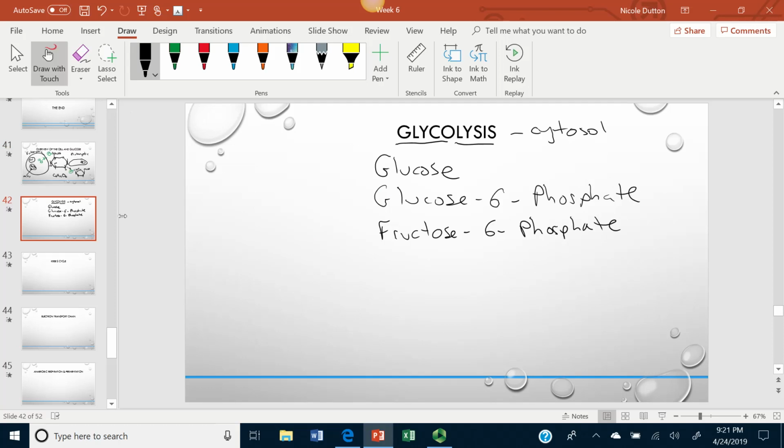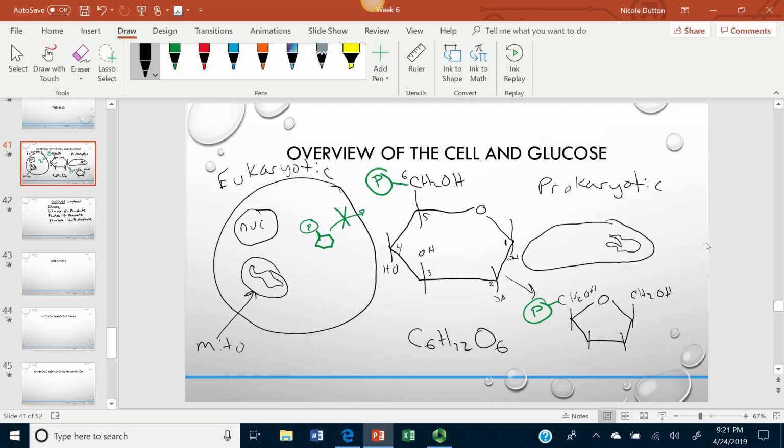The very next step here, fructose 6-phosphate, we go to fructose 1,6-bisphosphate. Sometimes it's called biphosphate or diphosphate, same thing. Because we number our carbons 1, 2, 3, 4, 5, 6, the first carbon position now is this one because we've rearranged it in fructose.